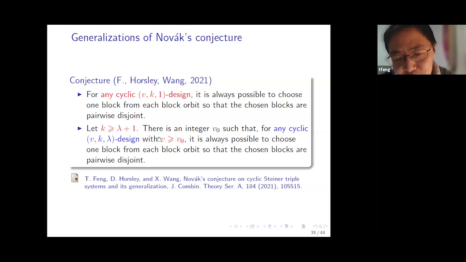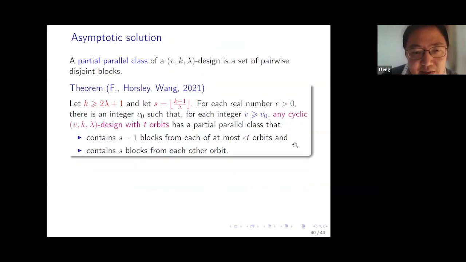Disjointness is possible, but the problem is only because V is too small. The Fano plane contains 7 blocks. So when V is big, we conjecture it should always be okay. And we can give the following theorem to show the conjecture holds in many cases. Let k be greater than or equal to 2 lambda plus 1, and let S be (k minus 1) over lambda.